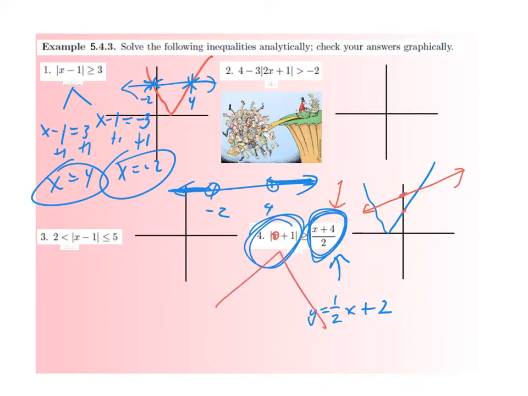You set up your 2 equations. x plus 1 is equal to (x plus 4) over 2, and x plus 1 equals negative (x plus 4) over 2. And you could solve those. And you'd know where your 2 key spots are.